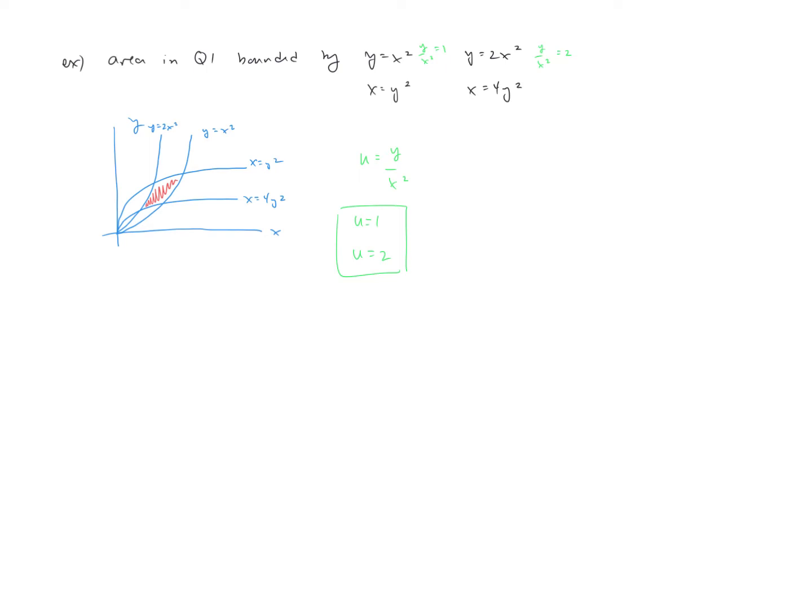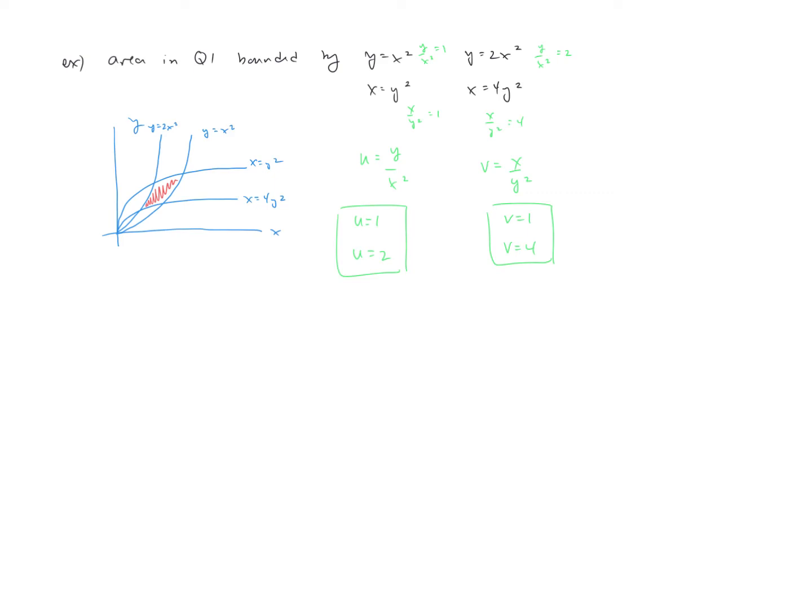In a similar way, down here we could say x over y squared equals 1 and x over y squared equals 4. Therefore, maybe my next substitution would be v equals x over y squared, meaning that v is going to be equal to 1 and v is going to be equal to 4. So again, this was just me manipulating these to come up with our nice new region.